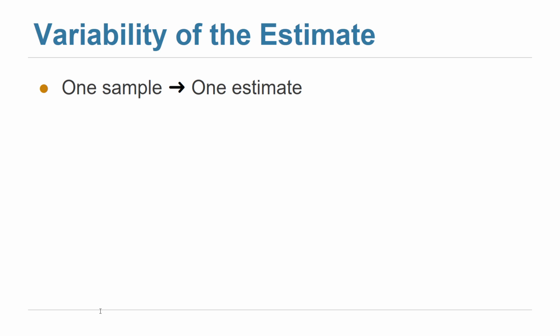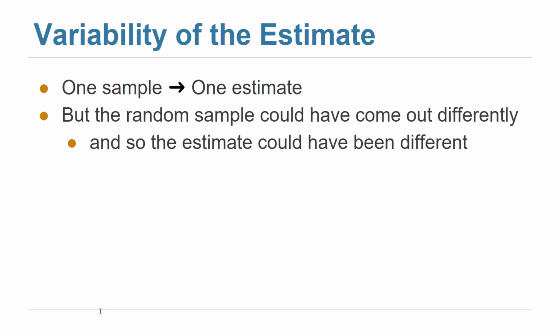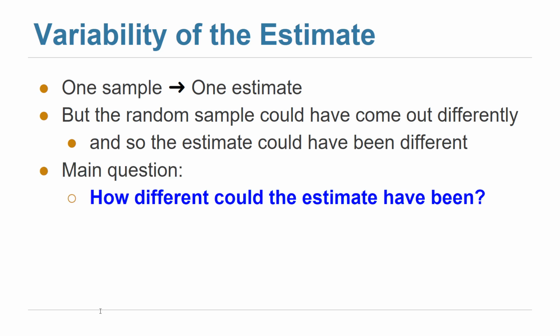So one sample means one estimate only. Okay, but of course, as we said, the random sample could have come out differently, and thus the estimate could have been different, and that's what we actually saw from the code. One sample means one estimate, another sample means another estimate. So the question is, how different could that estimate be if we changed the sample?